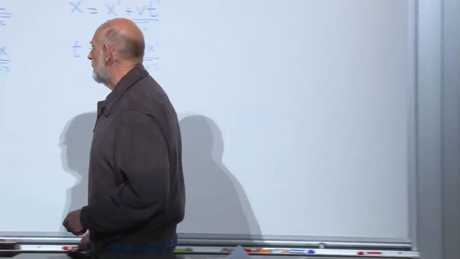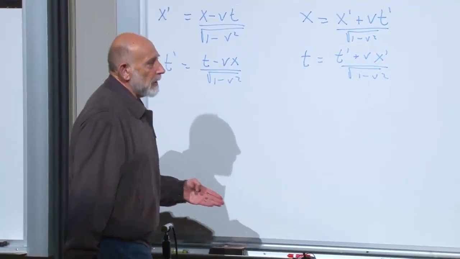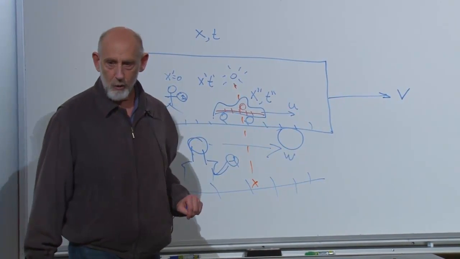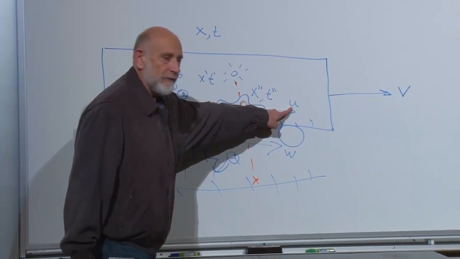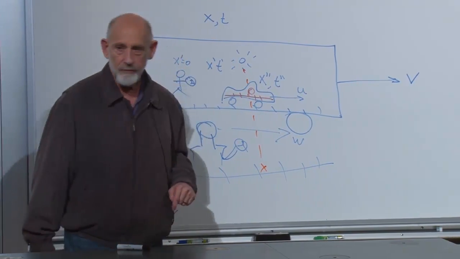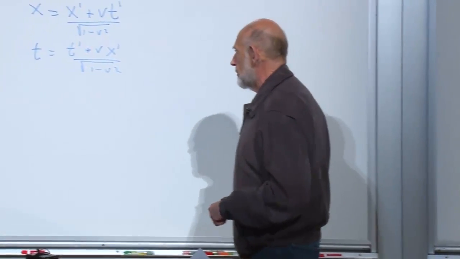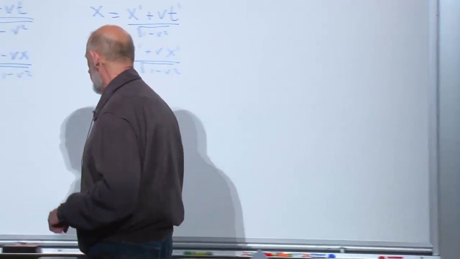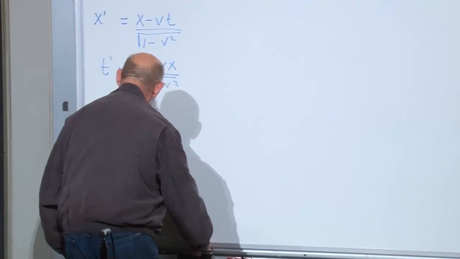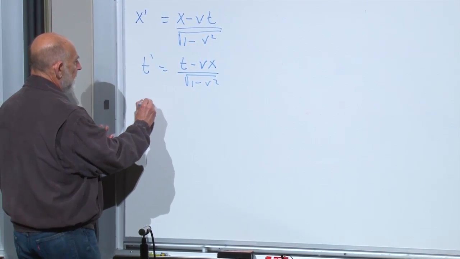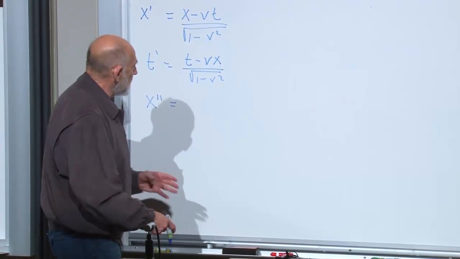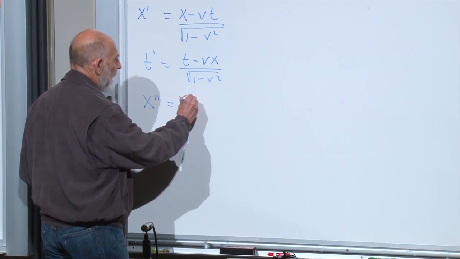All right, so now it just takes a little bit of logic to say we know what the relationship is between the double prime coordinates and the single prime coordinates. Those are related by velocity u. U is the velocity of the double primed relative to the prime coordinates. So we can write down those relationships straightforwardly. Let's write them down here. X double prime is equal, same exact kind of relationship, except we'll put in primes here.